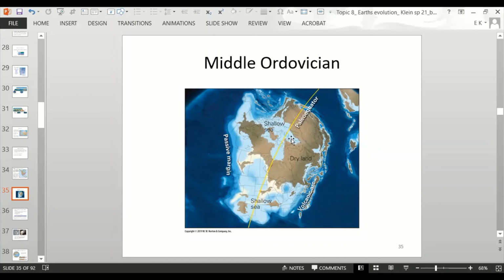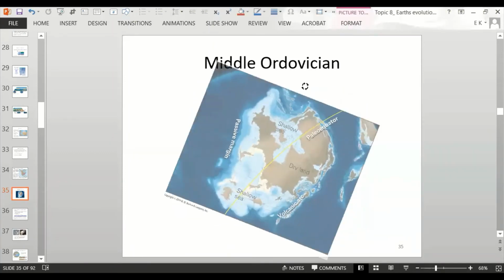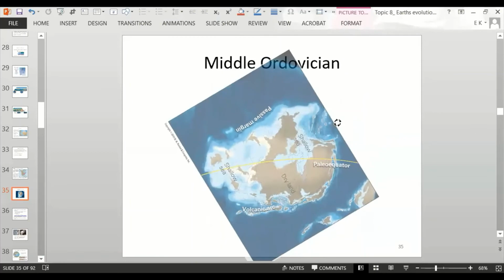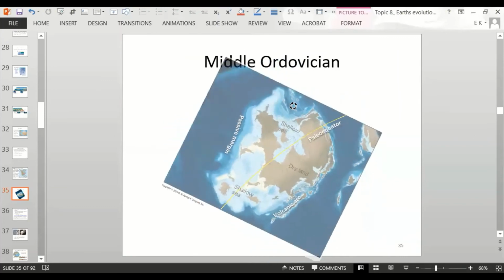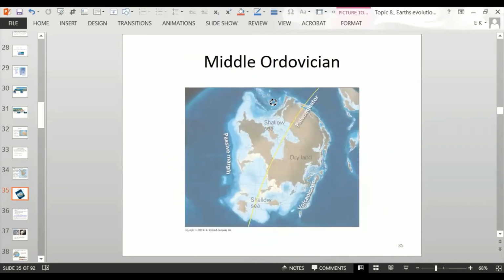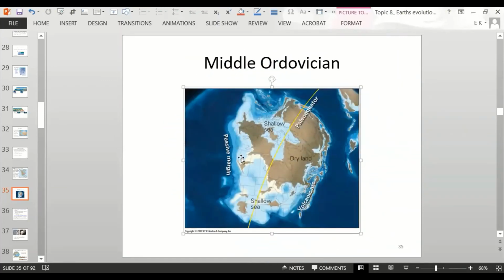If we were to look at a globe from the Ordovician, this really should be like that. Okay, does that make sense? They're just showing you in the diagram so that you can understand the way North America is today. Like they're showing you the states and everything in this diagram as well.